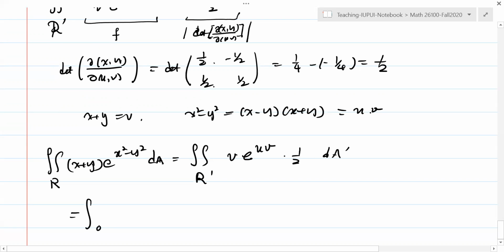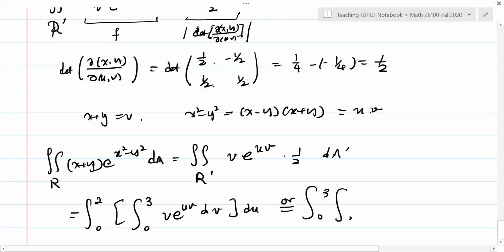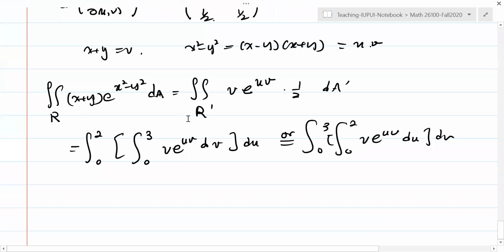If you use u first, then v is from 0 to 3. Or it's from v e to the uv, with du and dv. It doesn't matter which one is first. You can always evaluate this integral.